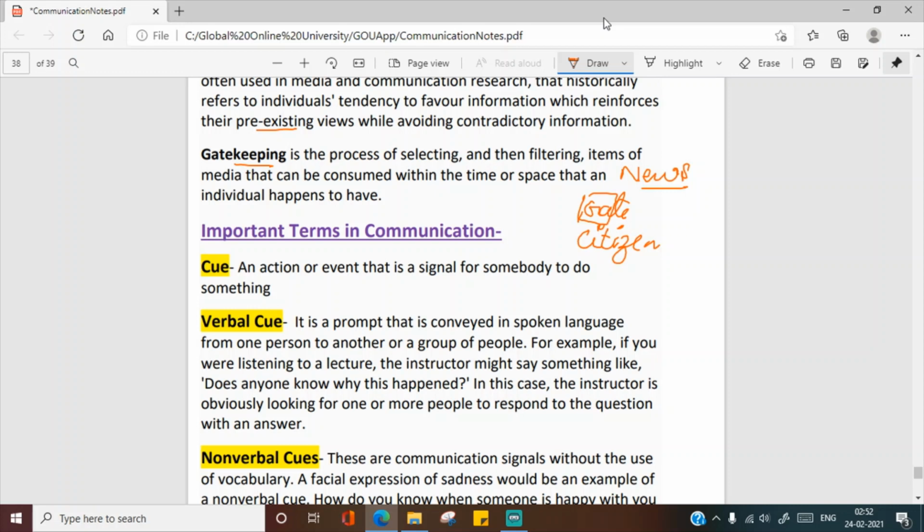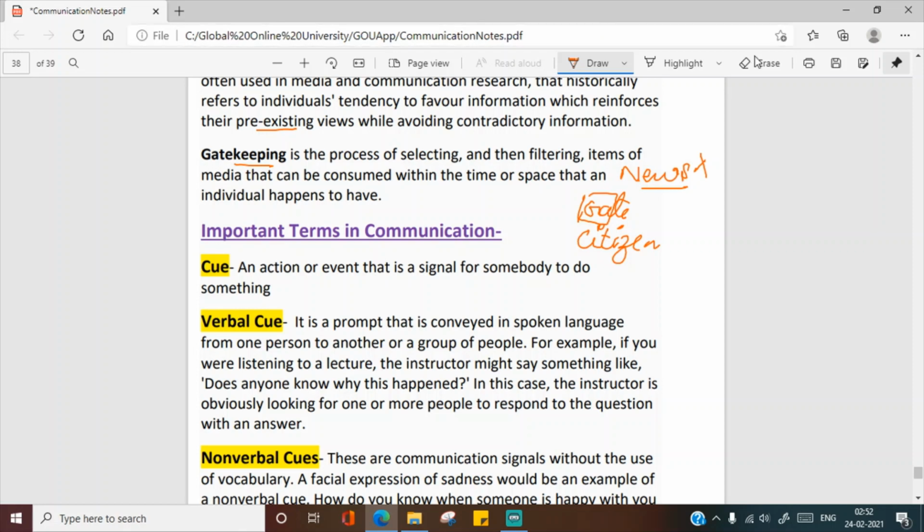There will be mess in the country, people will be running here, then they will be frightened. So mass media also does the role of gatekeeping, where it shows selected information. If some news can hamper the citizen, or they can create a situation of panic, that type of news they will not show. So they also do the role of a gatekeeper.